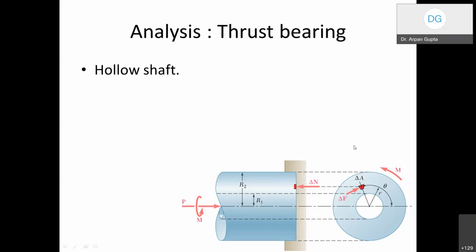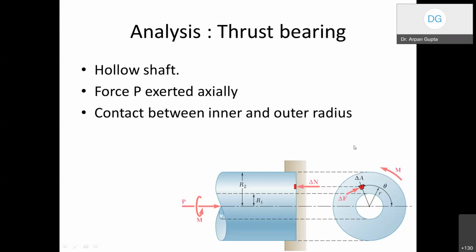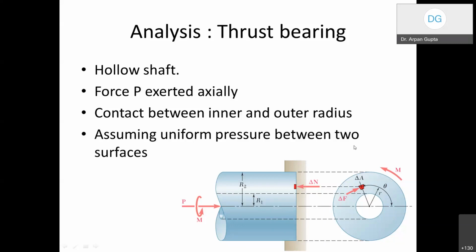Okay, so let us see the geometry first of all. We are right now considering a hollow shaft, with radii R1 to R2. The axial force is P, which is applied axially, and the friction is applied from inner to outer radius. And now here is an assumption.